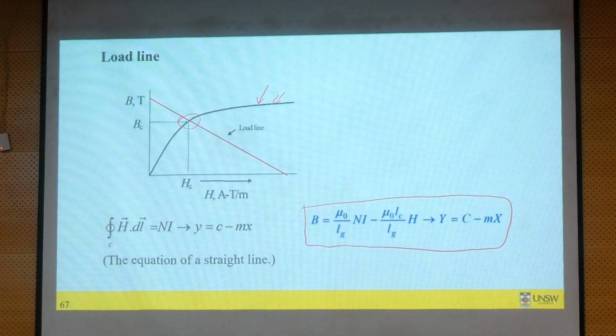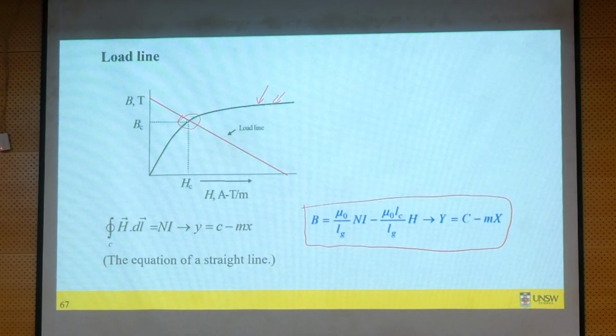Okay, but in a motor you could have many different operating points. So again, these conventional traditional methods are not ideal. Okay, but they could be useful to see where the main operating point of the machine will be.